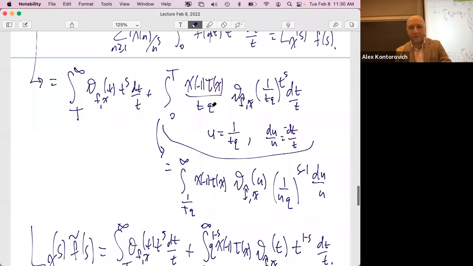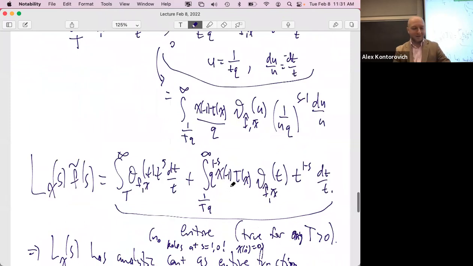What happened to the 1 over q here? Well, that only came from the other factor. The t I pulled into here, so this became t to the s minus 1, but the q I dropped. So this q to the s minus 1 with an extra q is just q to the minus s. That's much better.